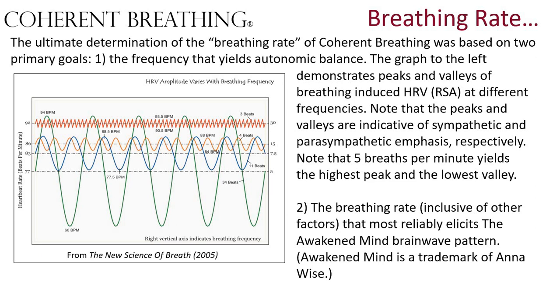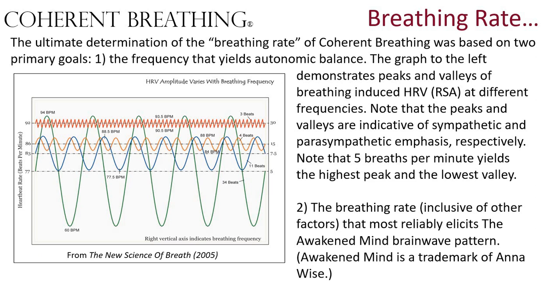And what we can see here is that as we either reduce the breathing frequency from 30 down to 5, or if we were to increase the breathing frequency from 5 to 30, the amplitude of the breathing-induced heart rate variability cycle changes dramatically.